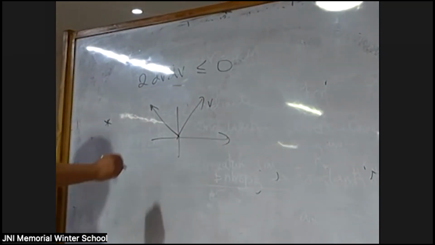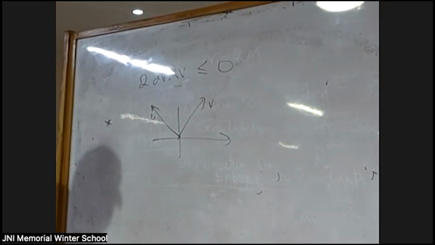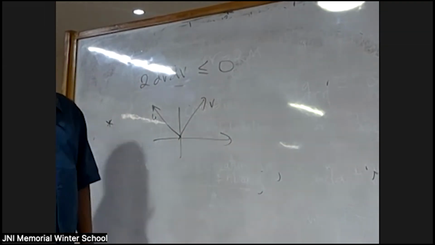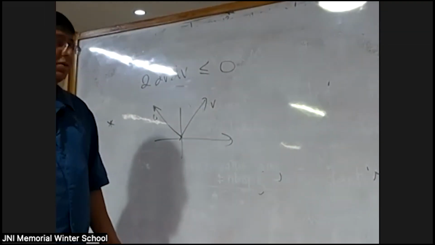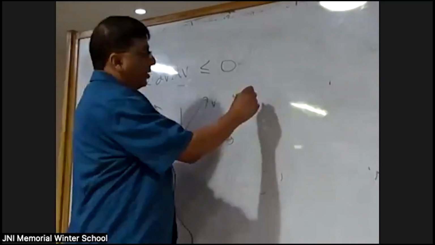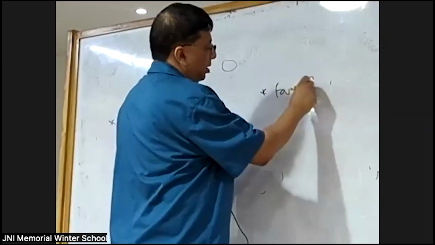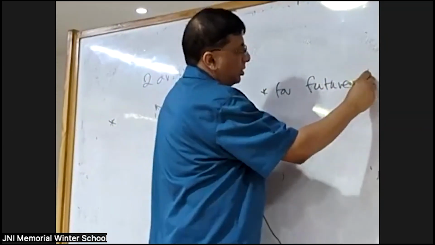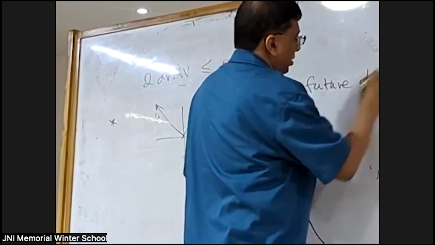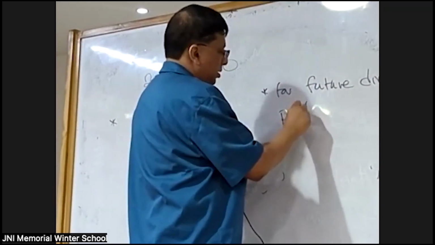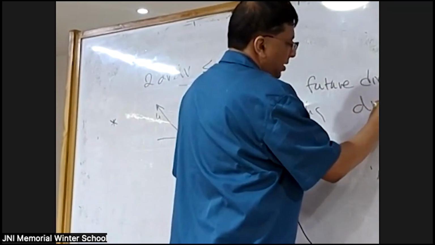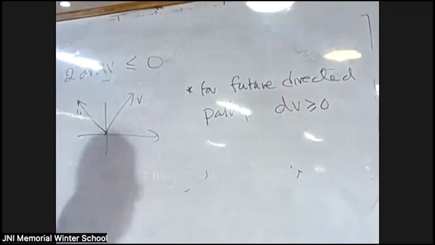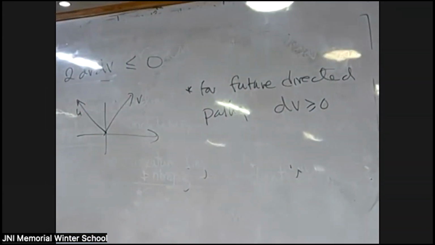So for a future directed trajectory, future directed world lines, dv is bigger than or equal to 0, right?